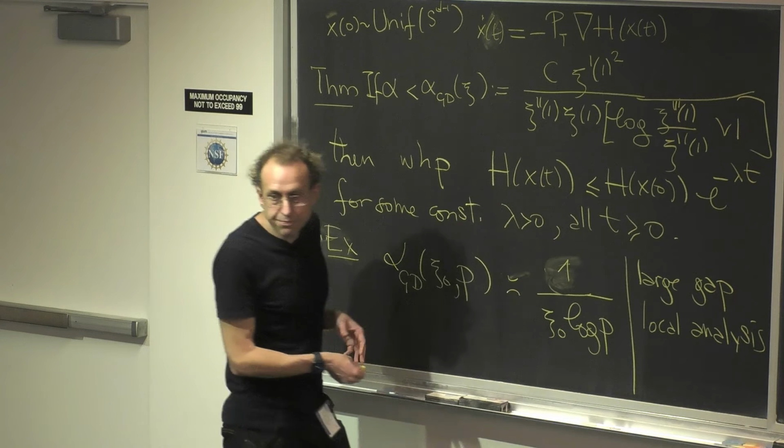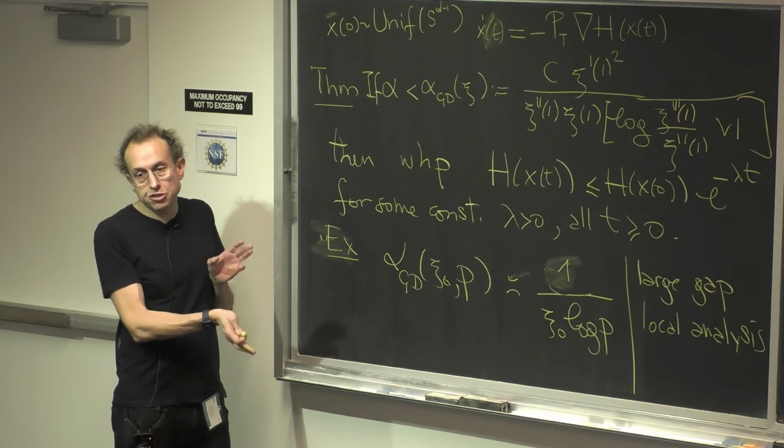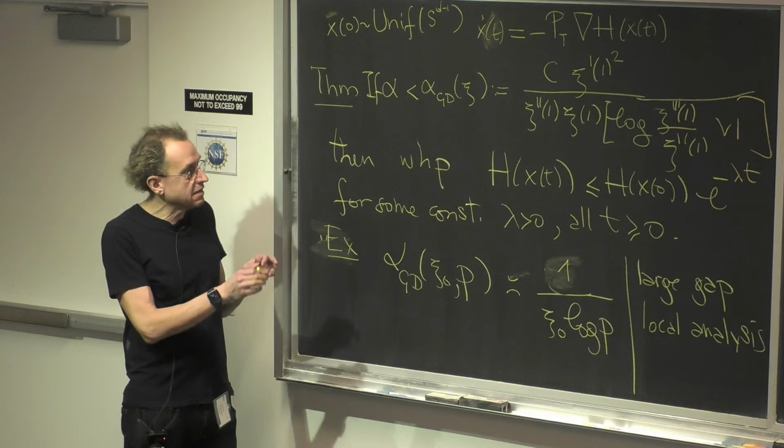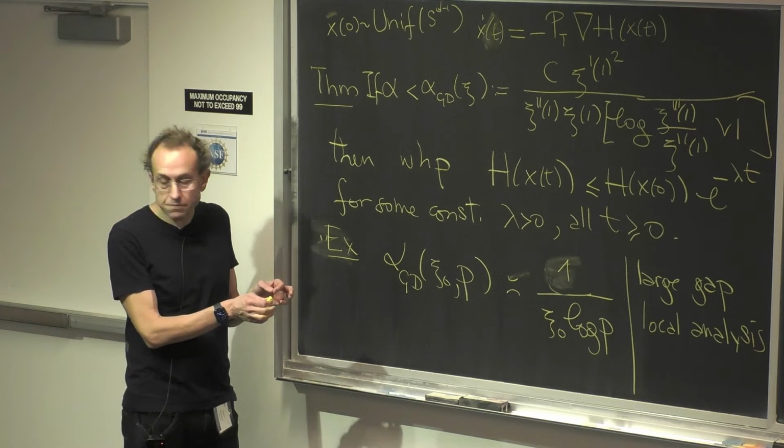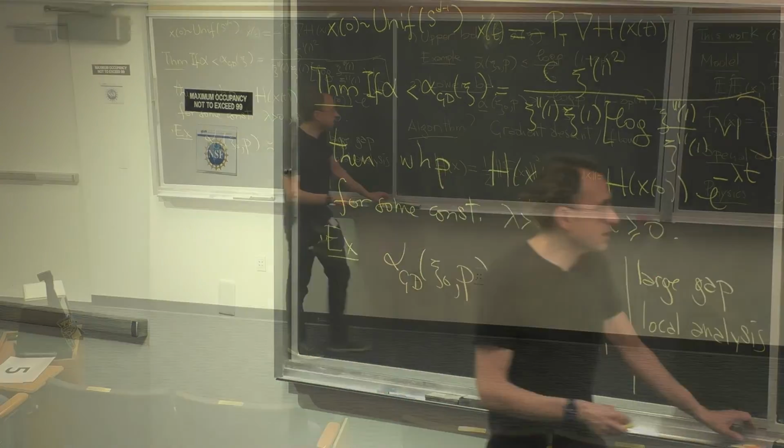Indeed, if you look at the proof of this theorem, in this proof we prove not only that this converges to 0, but it converges to a solution that is very close to the initialization. Okay, so what is the picture?